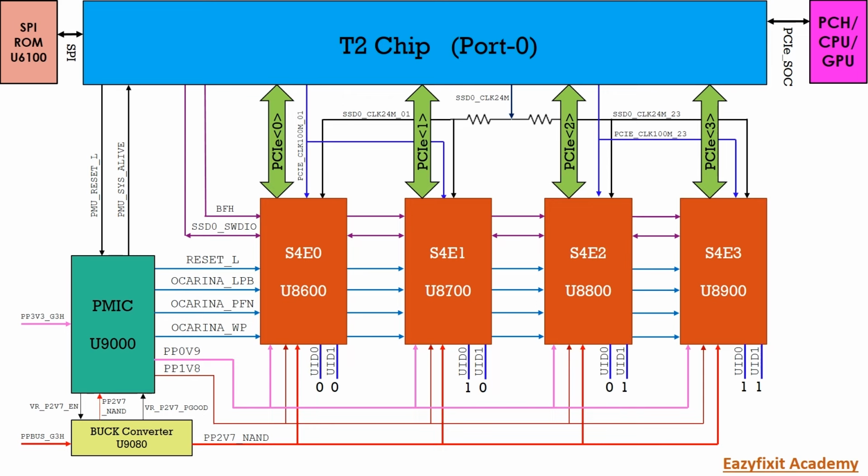You can see the power IC U9000 producing the 0.9 and 1.8 power, and the buck converter U9080 producing the 2V7 power that goes to all the NANDs. And you can see there is a UID 0 and UID 1. That UID is configured through the T2.